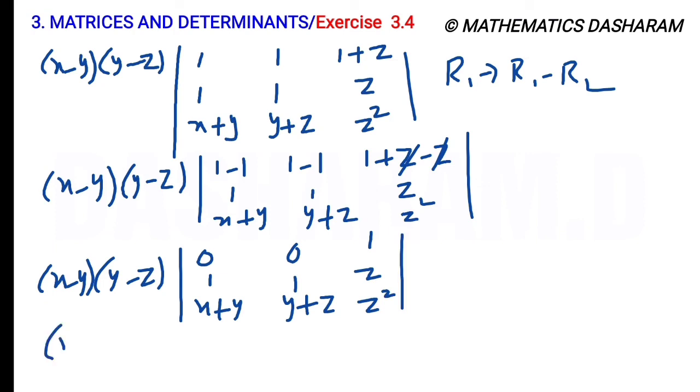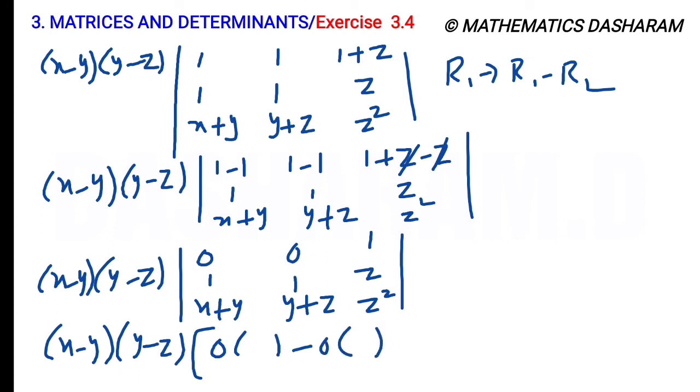So now expand the first row. So bracket, here first element is 0 and second element also 0, but third element is 1. So 1 into y plus z, 1 into x plus y. So 1 into y plus z is y plus z minus 1 into x plus y is x plus y.